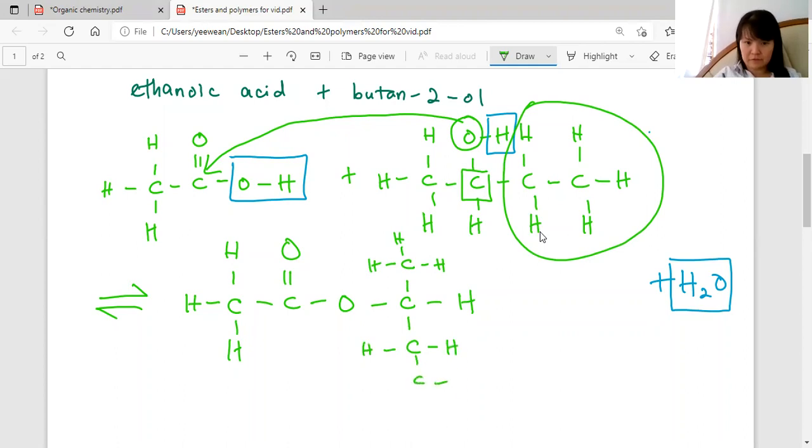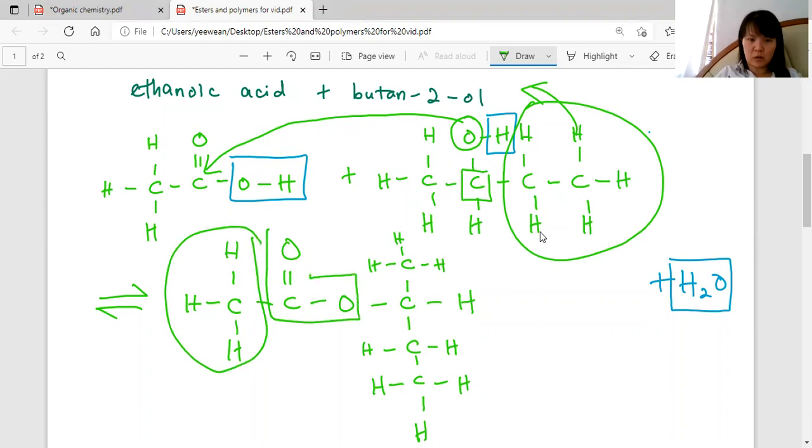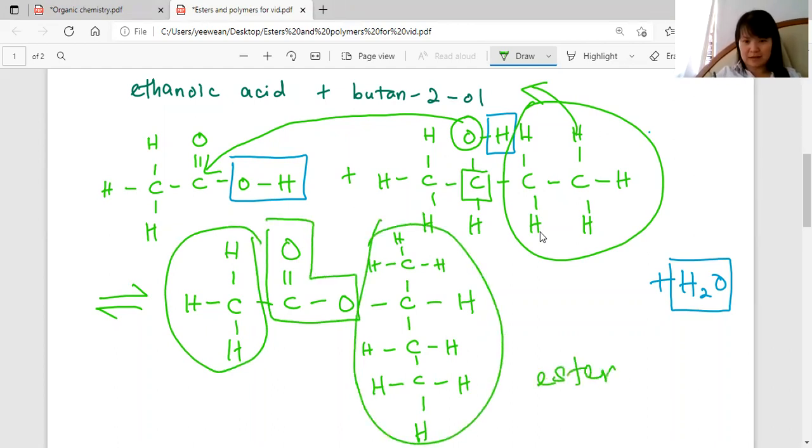Did you see that I flipped it something like 90 degrees so that it's more convenient for me to draw the ester? So this is an ester. If you see R, COOR, then it's an ester.